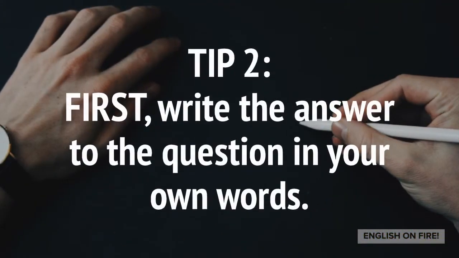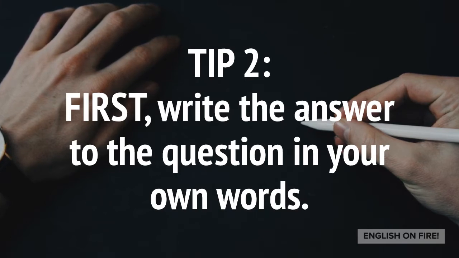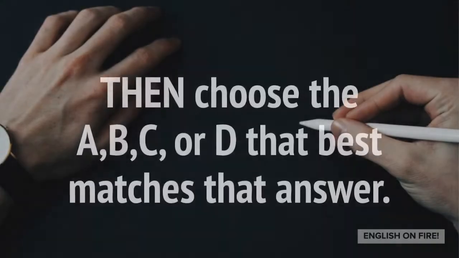This tip is important. First, before you look at the options A, B, C, D, write the answer to the question in your own words. I have found that if my students do this first, they get higher scores when they do multiple choice tests.